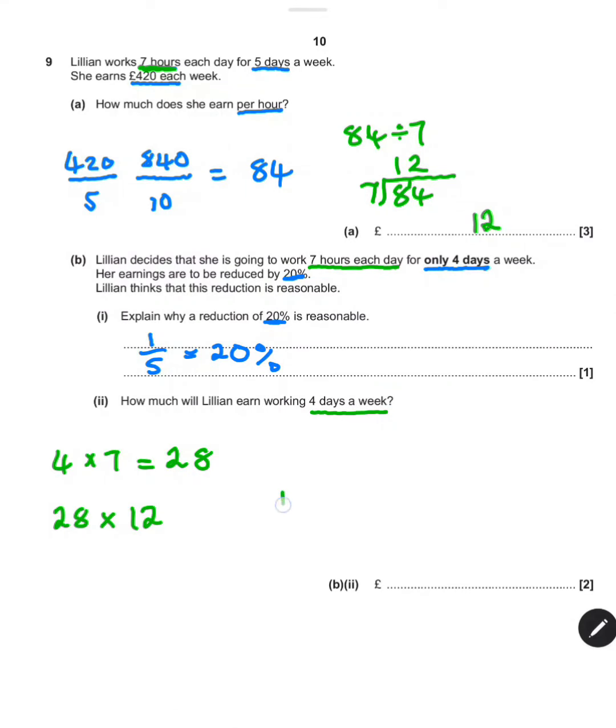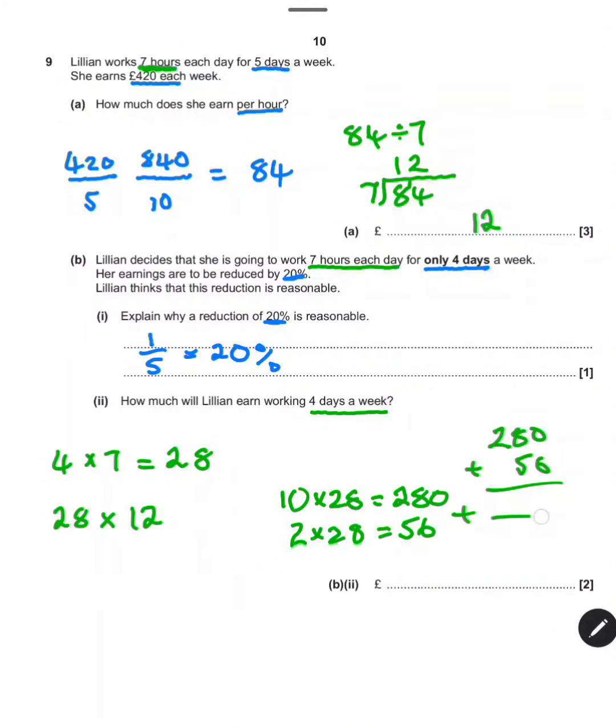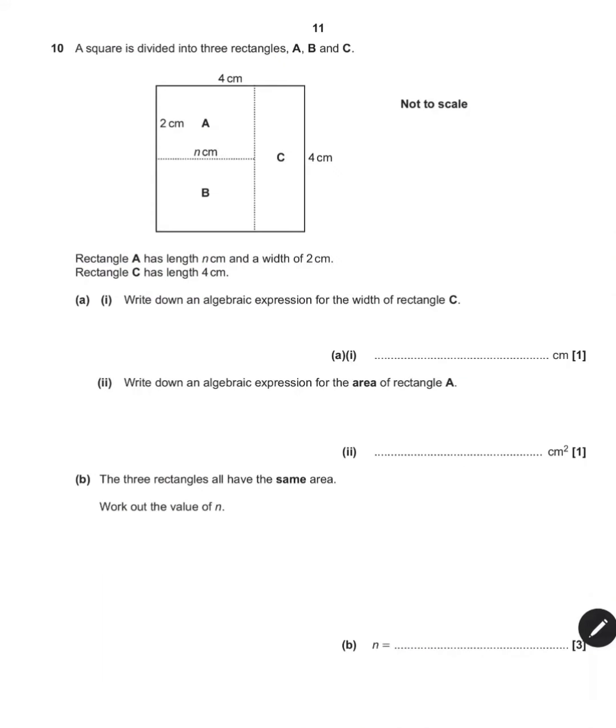I'm going to do 10 times 28 is 280. 2 times 28 is 56, we need to add those together. She earns £336.